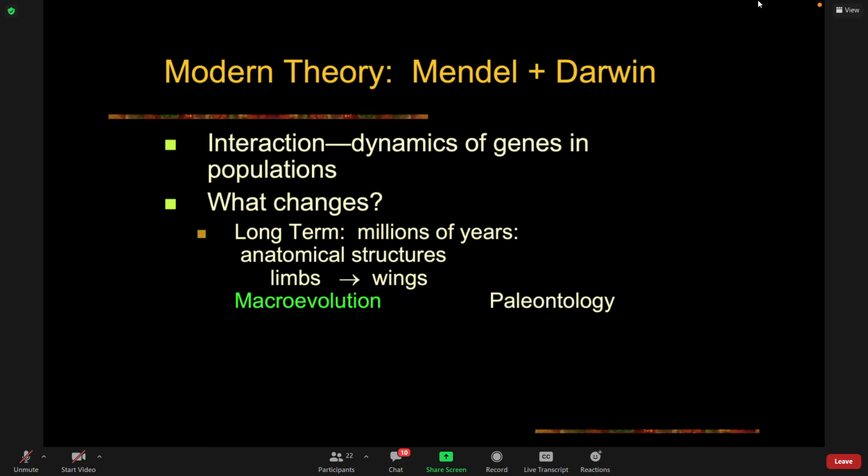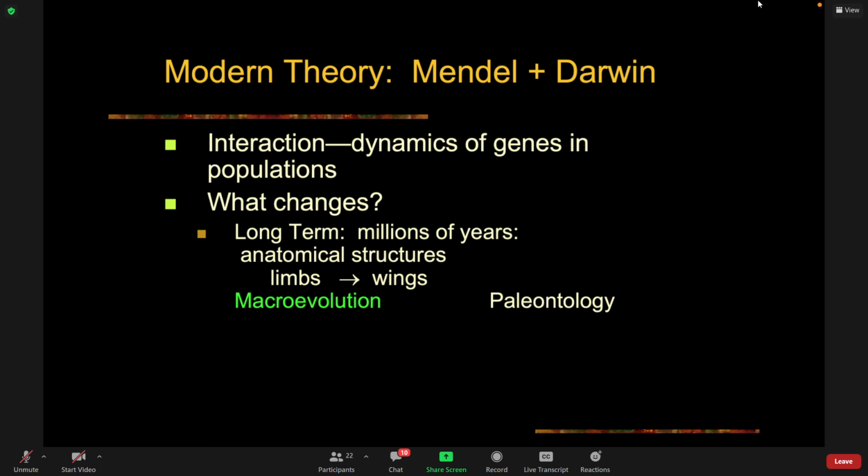Looking at the transition of vertebrates from water to land, we're looking at limbs, fins, and lobe-finned fishes that transformed into legs, and along the lineage to dinosaurs, from legs into wings. Okay, so those are the types of morphological change, and it's not overnight. It takes many generations for that to happen.